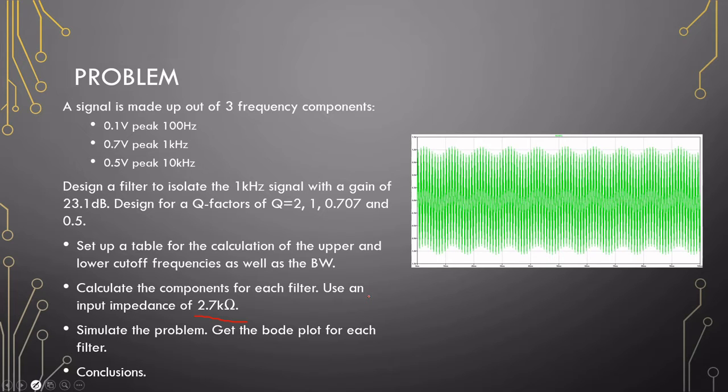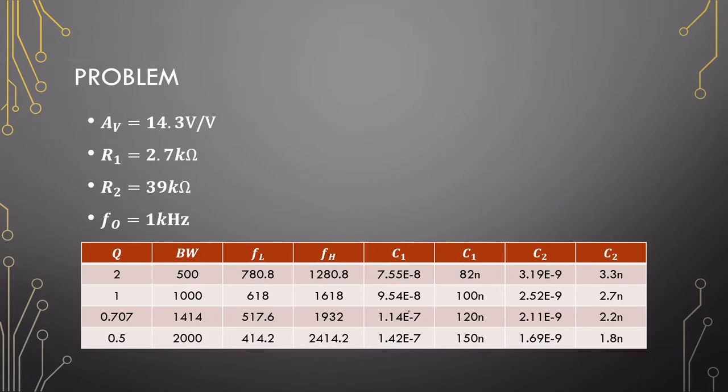So go ahead, pause the video, and then we will go to this table where we calculated the values and see if you get the same results. The 23.1 dB gives us a gain of 14.3 volts per volt. With the input impedance, so R1 of 2.7k, that gives us 39 kilo ohm for resistor 2, taking the center frequency as 1 kilohertz.